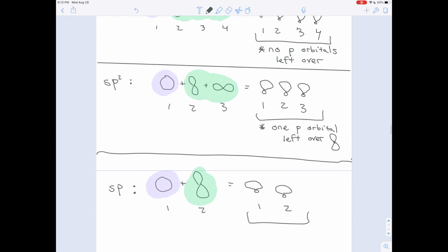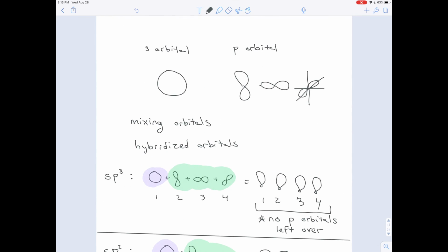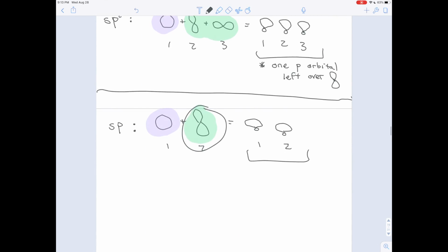And notice, we only used 1 of the p orbitals. We have 3 total to work with, so if we only used 1, that means there are going to be 2 p orbitals left over or available. And so we'd have those 2 p orbitals.